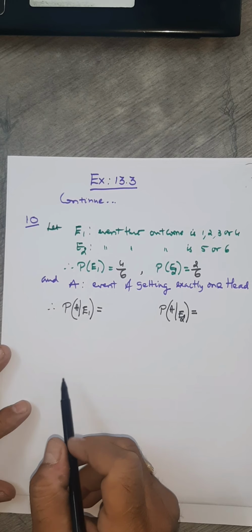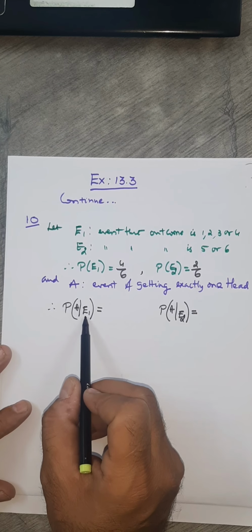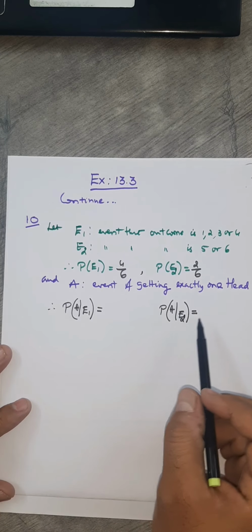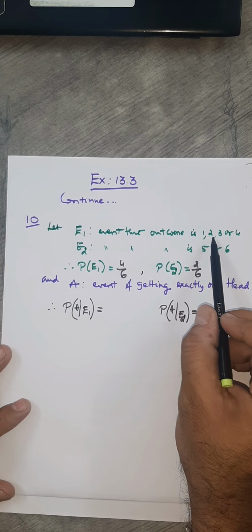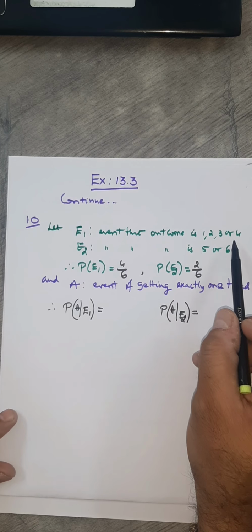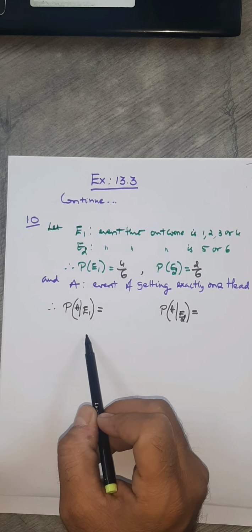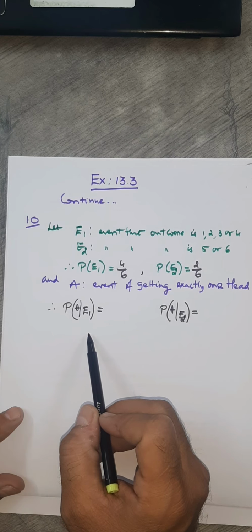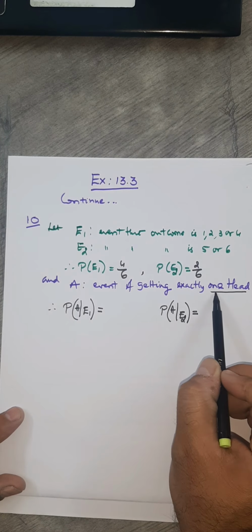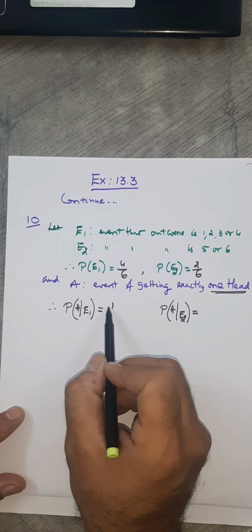Fine? Okay. Now what is the meaning of this event E1 has occurred? That means outcomes are 1, 2, 3 or 4. Then what she will do? She tosses a coin once. So what is the probability of getting one head if the coin is tossed once, which is 1 by 2?